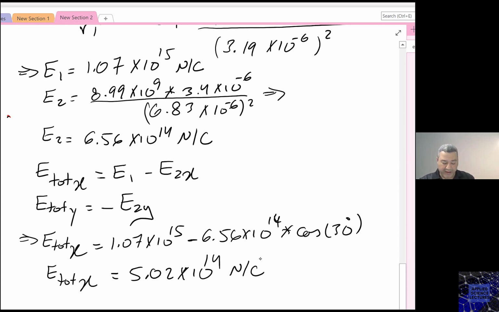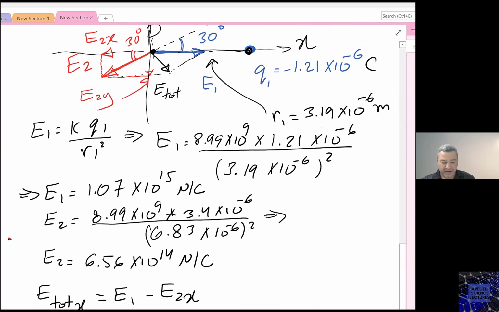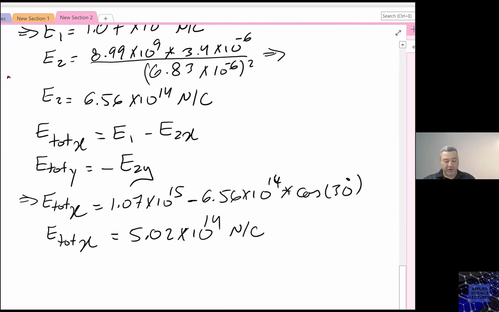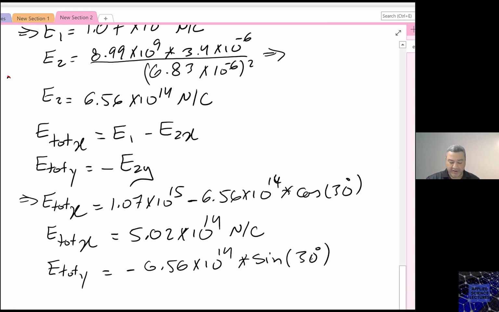It's a positive value, which means it is pointing in the x direction. So E1 is greater than E2x, and then I have E dot y, that is minus 6.56 10 to the power 14 times sine 30 degrees.